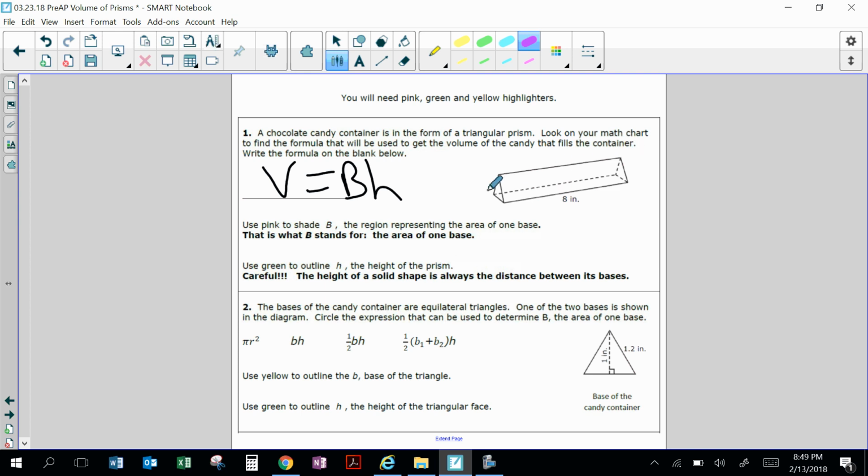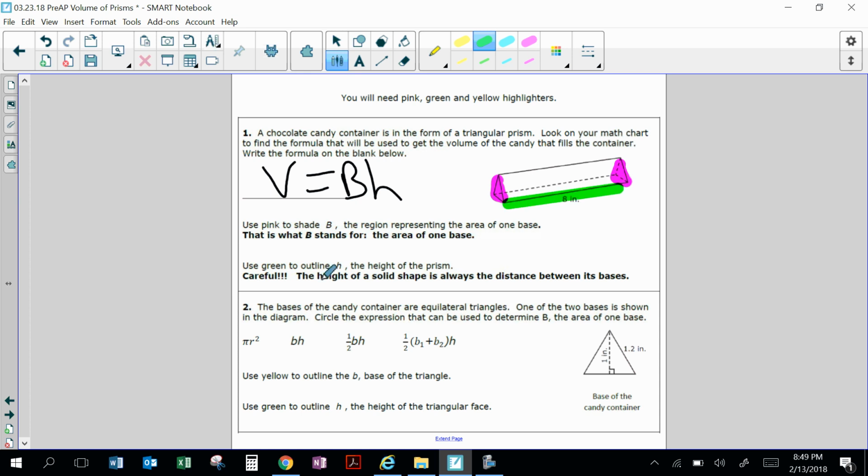So the big base is right here. It's laying flat because a prism has one base, and if you flip it upside down, you'll see the other triangular part.